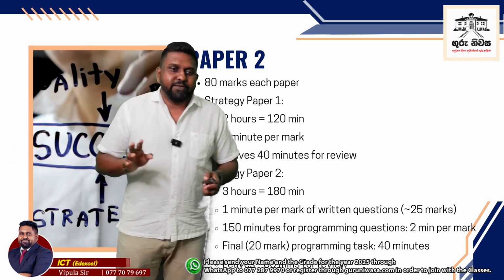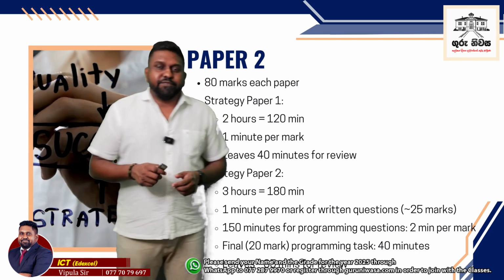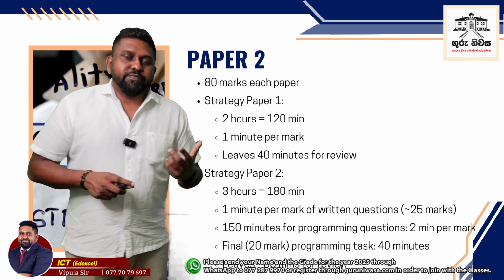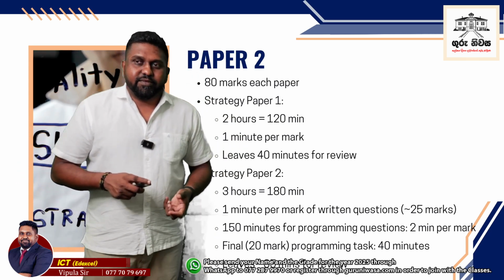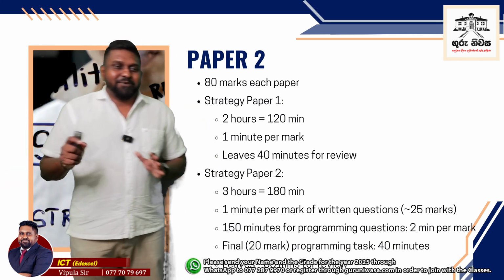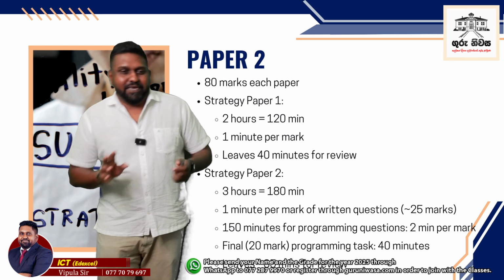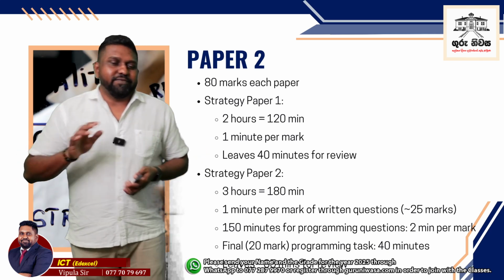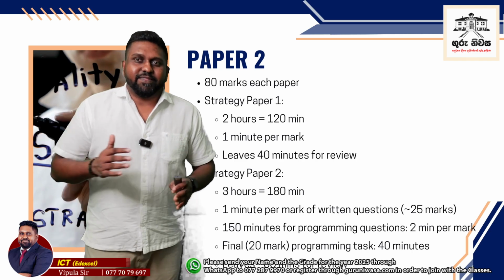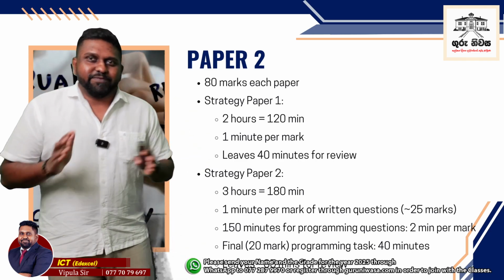Got the idea, right? If you spend 1 minute per mark, then you will be able to finish the paper, plus it will leave you 40 minutes to review. So then you can take your time and slowly review the paper again and check if you made any mistakes or if everything is 100% correct.